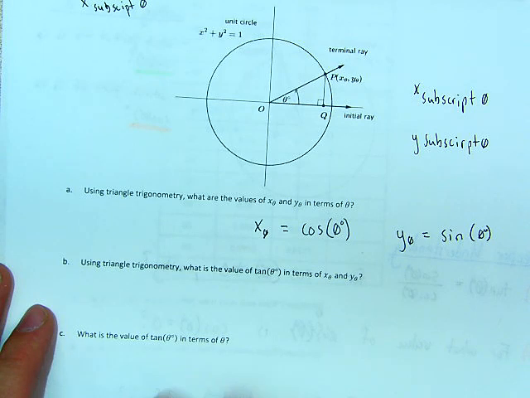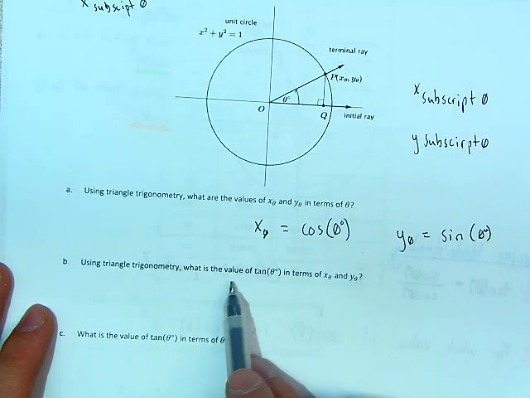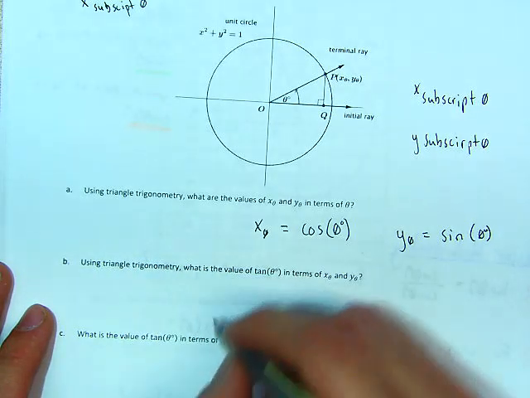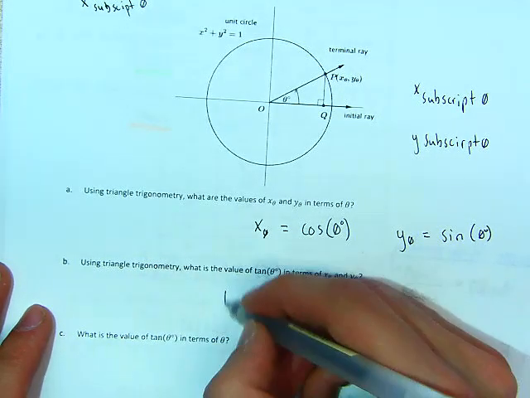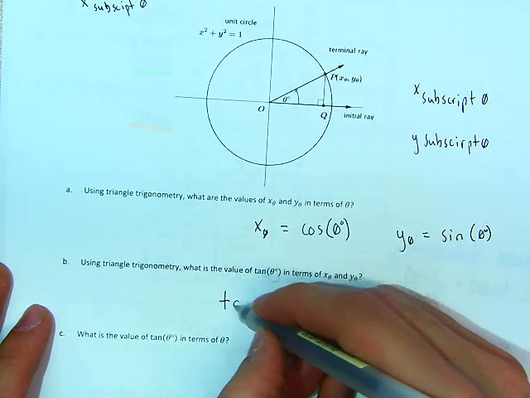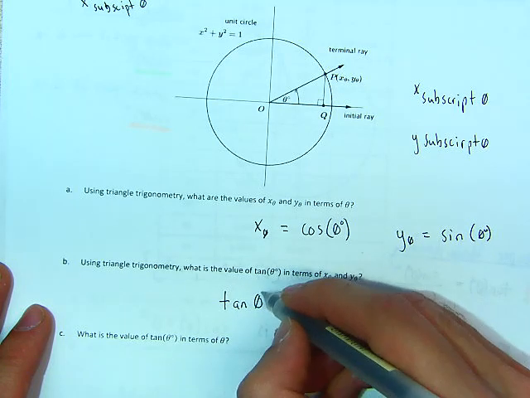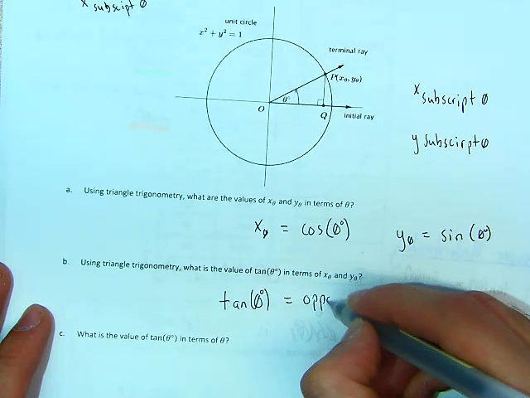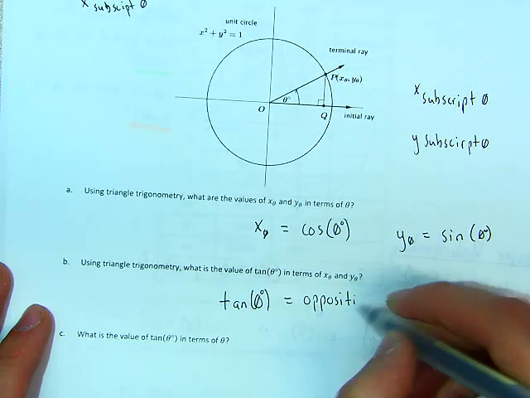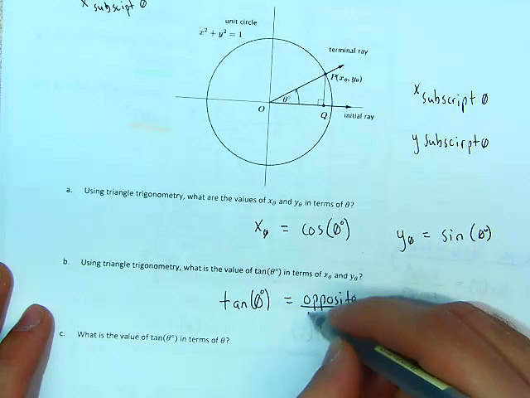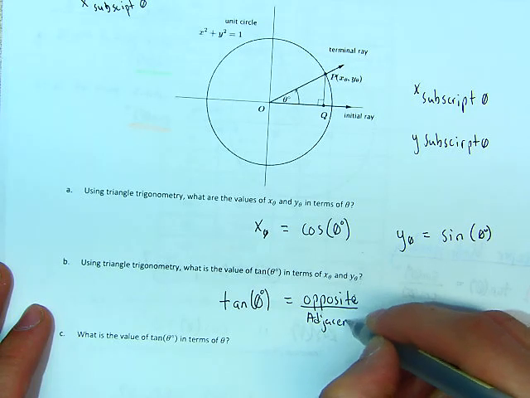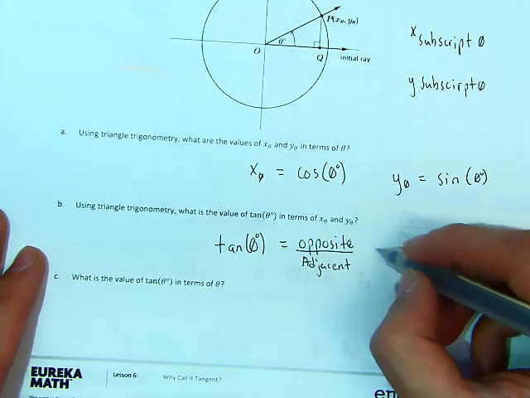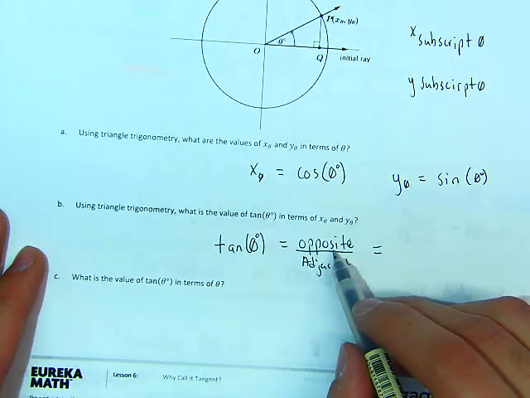Now here it says, using triangle trigonometry, what is the value of tan theta? From now on, tangent theta will be opposite over adjacent. What is our opposite?